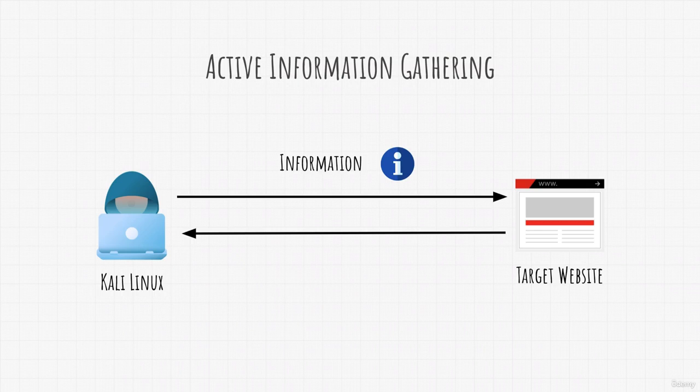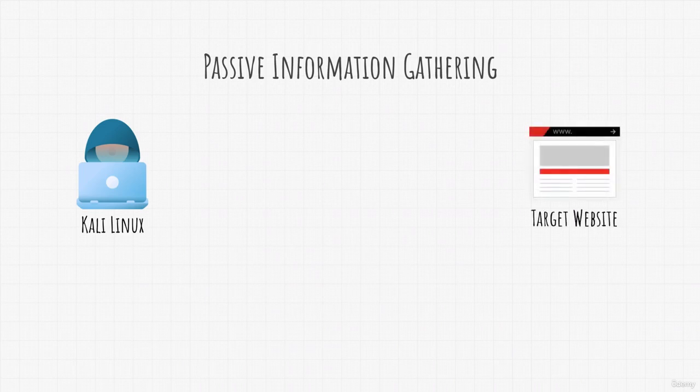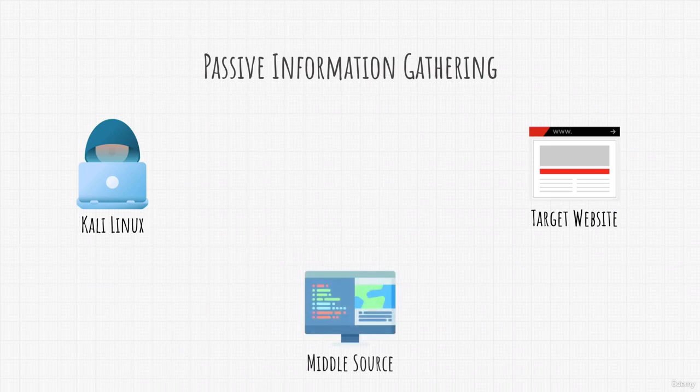On the other hand, we got passive information gathering. And it is similar, we got our Kali Linux machine and our target. But we also have an intermediate system, or what I like to call a middle source. And what this middle source is, well, basically it could be anything, from a search engine to a website.